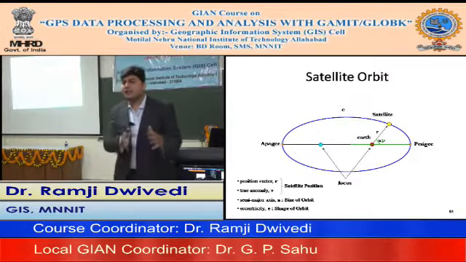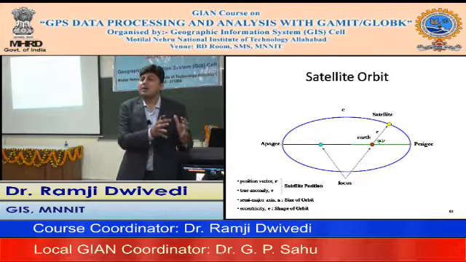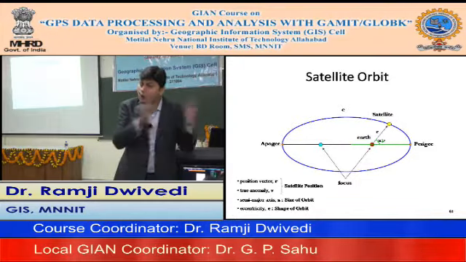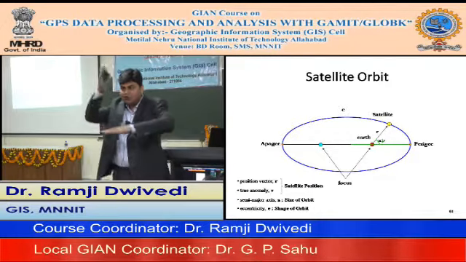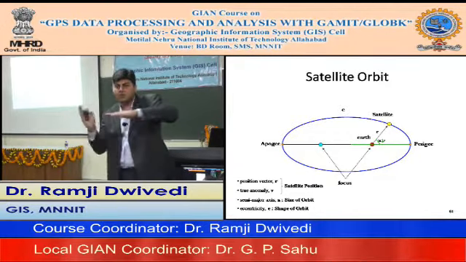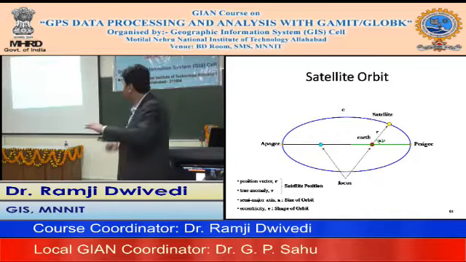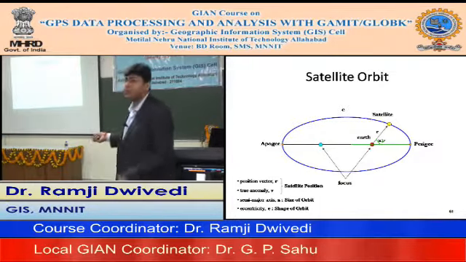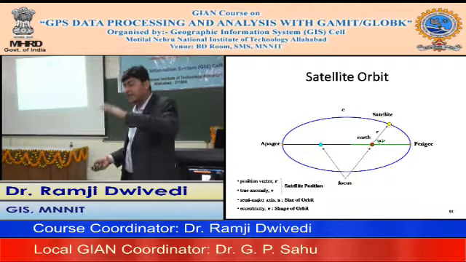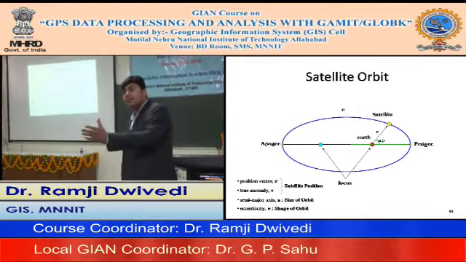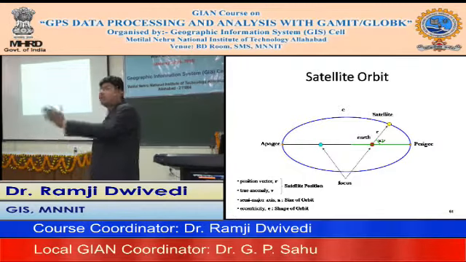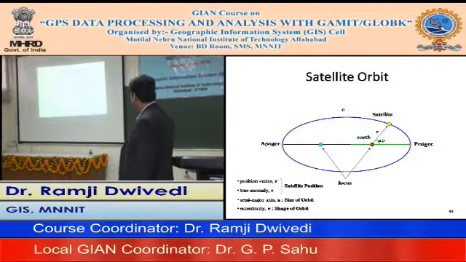Instead, they first estimate the position of the satellite in the orbital plane. That is easy because it is a 2D plane. The satellite is not away from that orbit, it is moving in the orbit, so it is a 2D system. So they calculate the position of the satellite in the orbital plane, then change those estimates from orbital to ECI, then from ECI to ECF. We'll see that also.